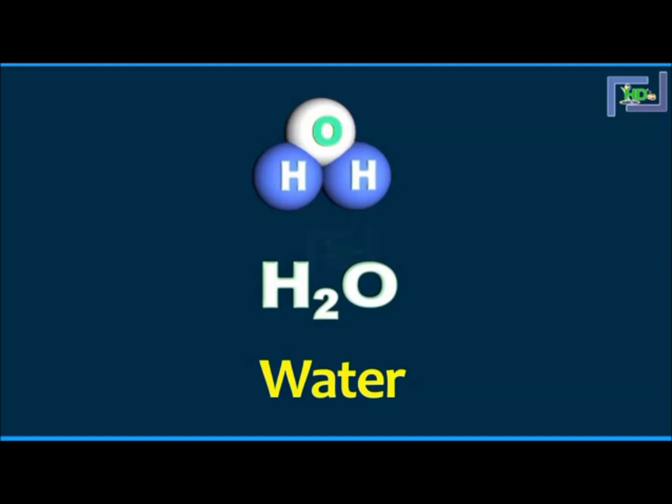And the formula gives the exact number of atoms of each element that have combined to form the molecule. Take the same formula H2O. This formula gives the information that two hydrogen atoms and one oxygen atom are combined to form water.